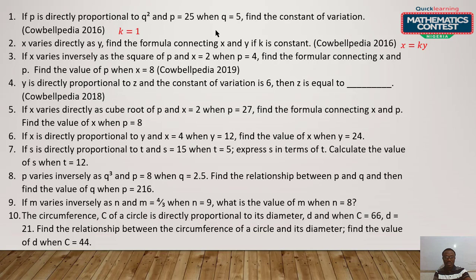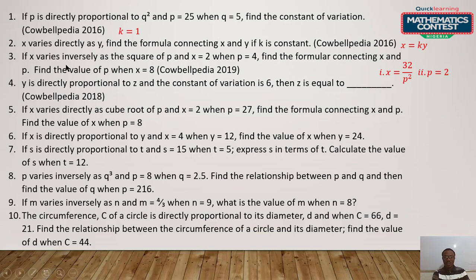You have to gain speed whenever you solve problems. Get ready to stop. Okay, time up.